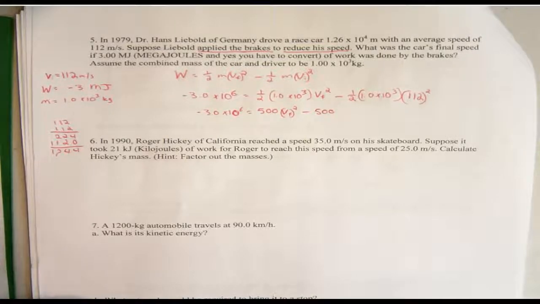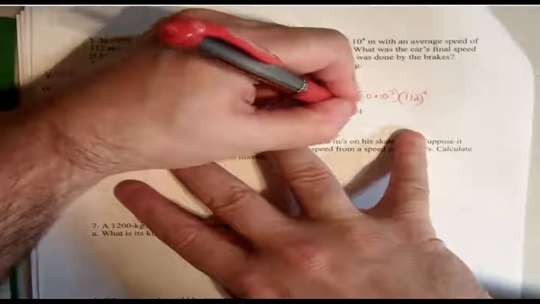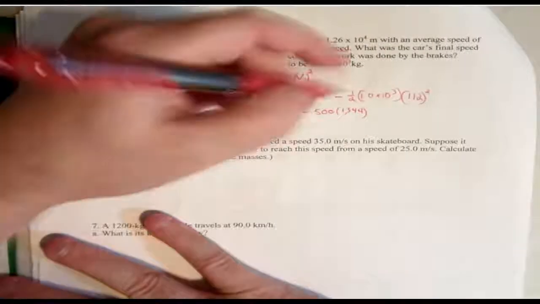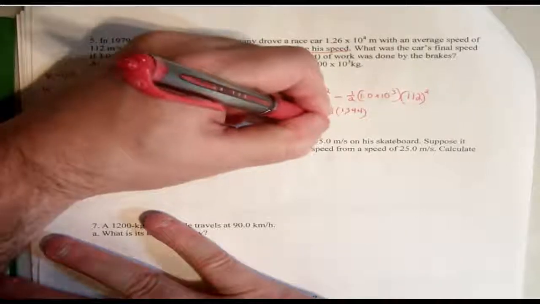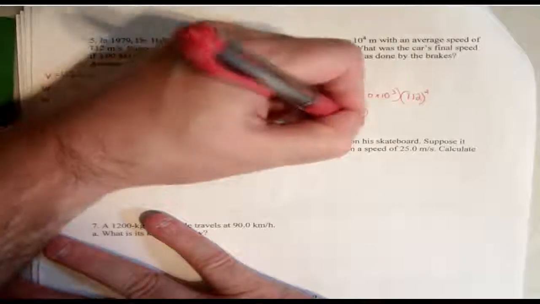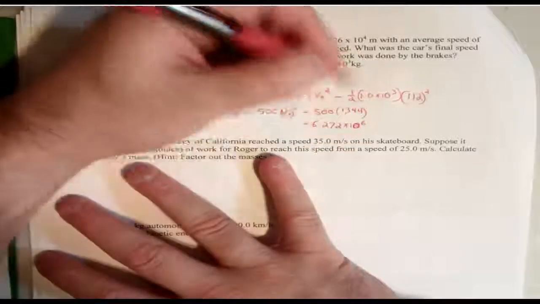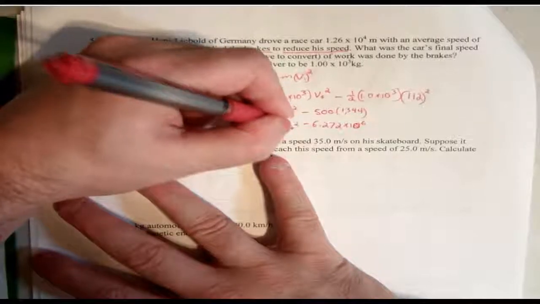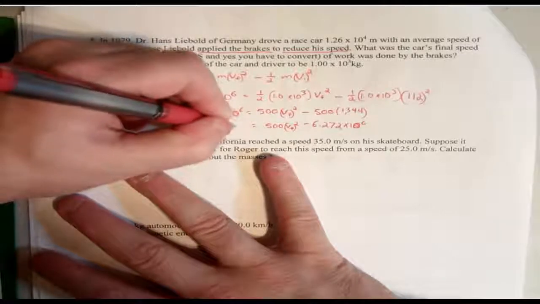So, 1344. Yeah, I should have just got a calculator. That would have been so much easier. So let's combine that. It's going to be minus 6.272 times 10 to the 6, and then 500 final velocity squared equals minus 3 times 10 to the 6.